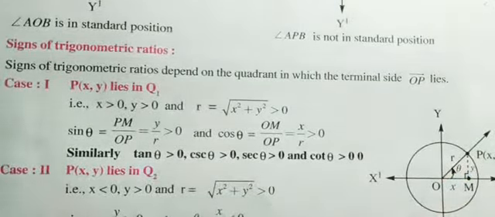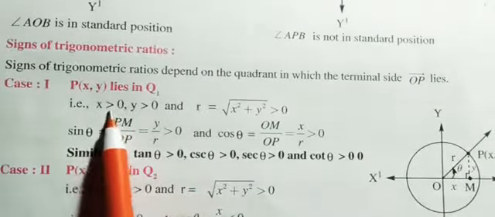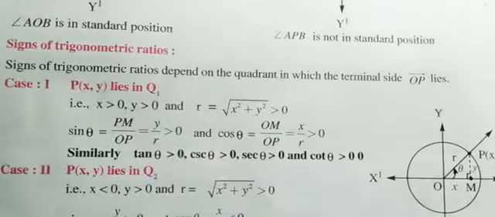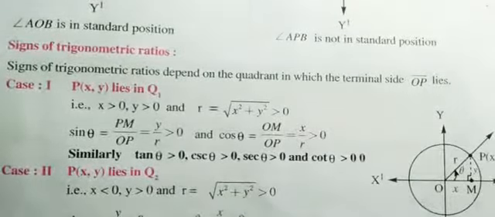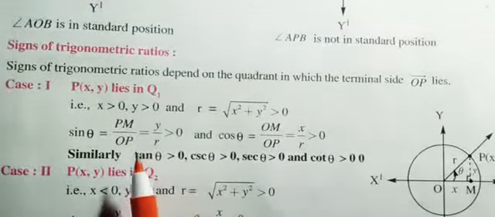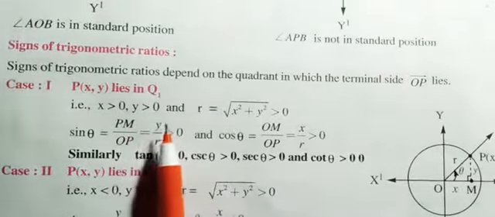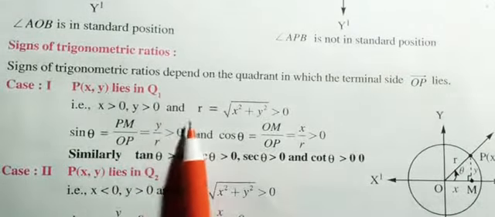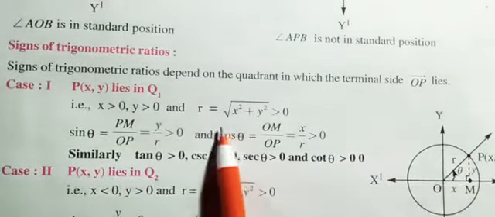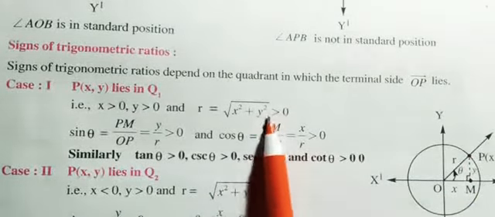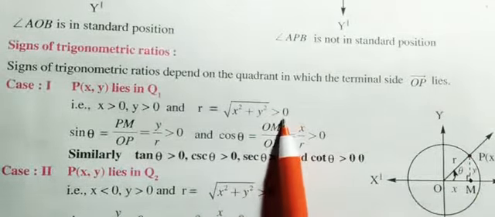Now here P(x, y) lies in Q1, quadrant 1. If x greater than 0 and y greater than 0, both are positive, so r is equal to root over x square plus y square, which is greater than 0.